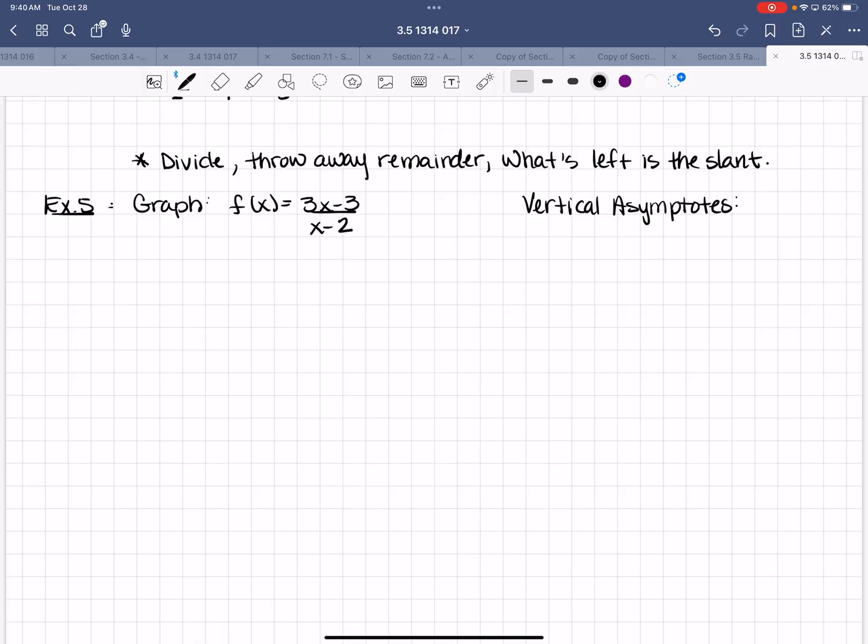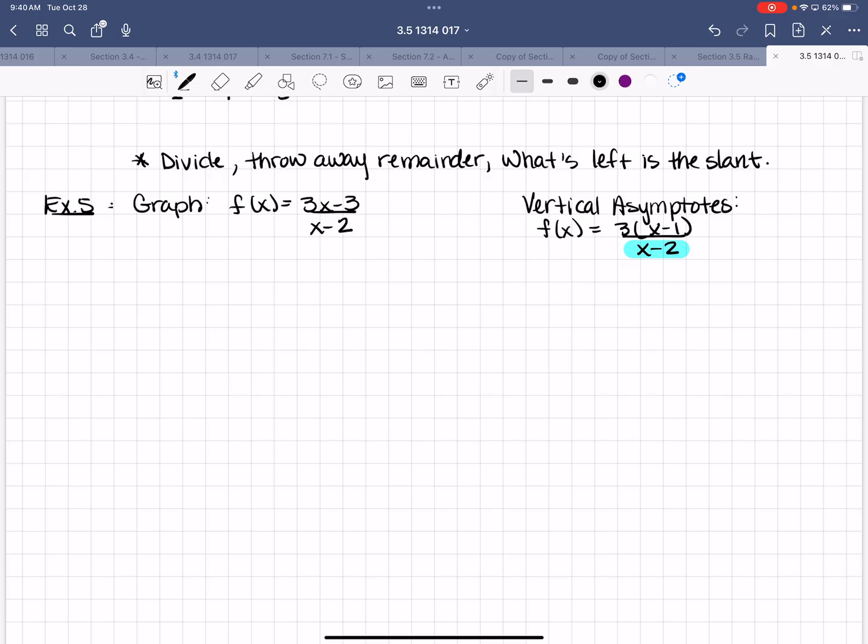Okay, so I know when I'm looking for vertical asymptotes, I pretty much need to factor the numerator and the denominator. Well, that numerator will factor into 3 times x minus 1, right? The denominator is already x minus 2. So who I'm looking for here is this x minus 2. It doesn't have a common factor with that numerator.